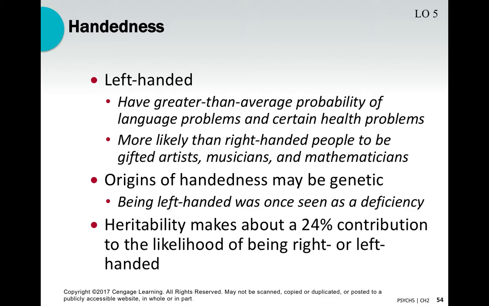Personally, I am ambidextrous, so I don't know what the research says about me. I write with my right hand, I throw with my left hand, and everything else I do is a mixture of the two. So if you're left-handed, there are some pros and cons here. If you're right-handed, I guess everything's okay. The world is built for right-handed people. But you can blame your parents whether you're right-handed or left-handed, because it comes from genetics.